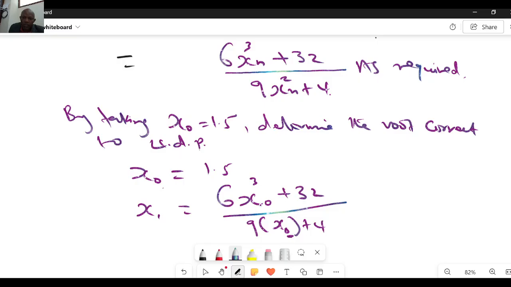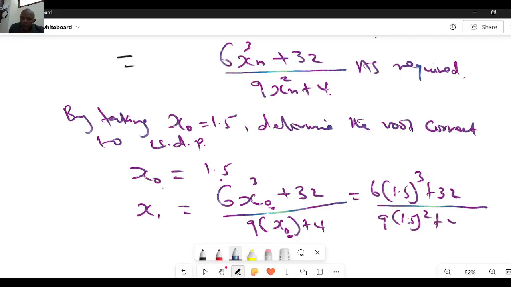But remember, this x0 is 1.5. So this is the same as 6 into 1.5 cubed plus 32, divided by 9 into 1.5 squared plus 4. Just a minute, this was squared.